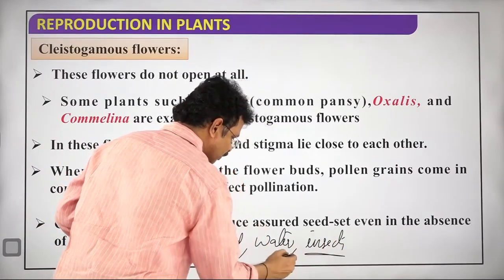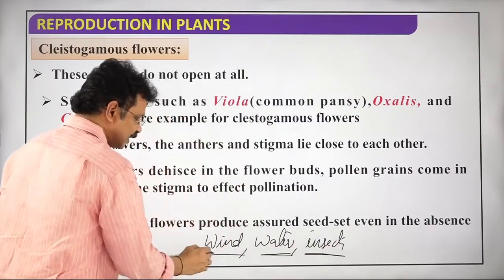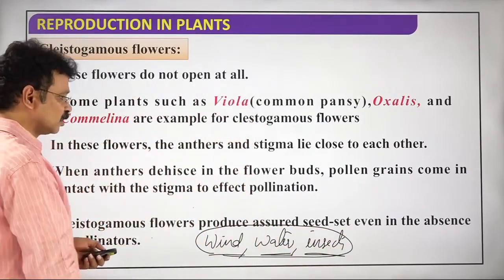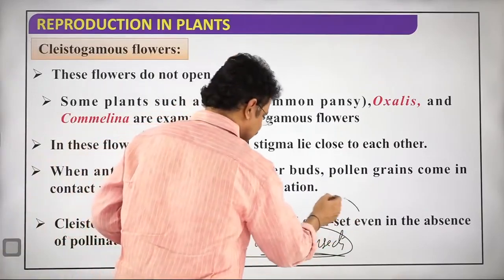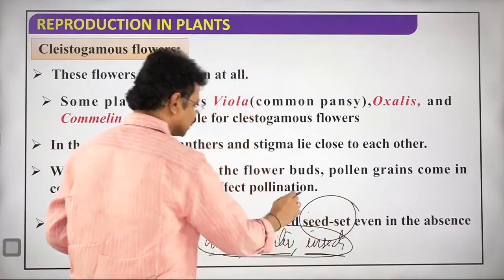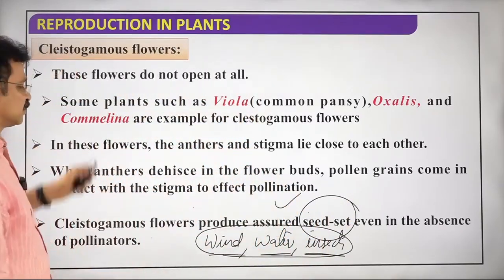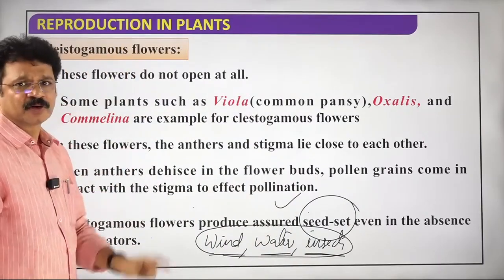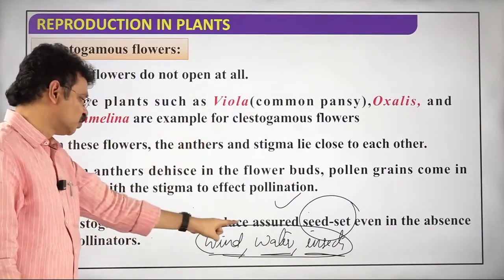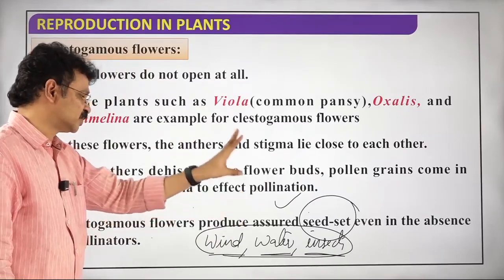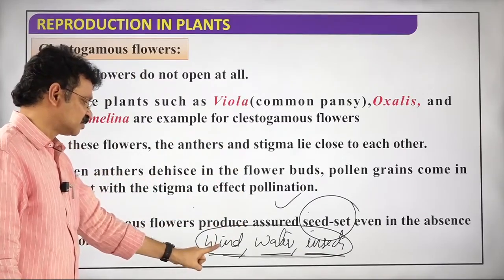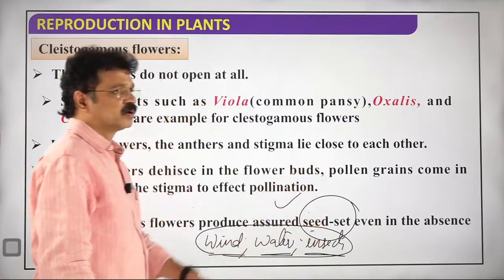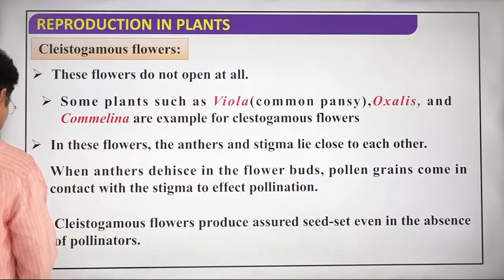In the absence of these agents, pollination is possible and seed formation is assured. That is the single advantage of clistogamous flowers. Most of the features are disadvantages, but one advantage is there. Assured means guaranteed seed formation even in the absence of wind, water, and insects as pollen transferring agents. That is about clistogamous.